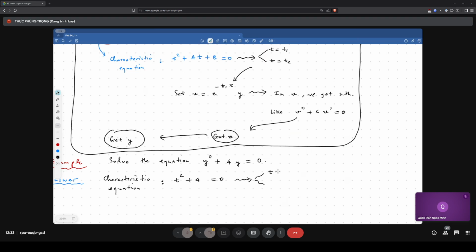Do you see that you get two roots? This time you don't get any real roots. You get two complex roots. They are 2i and negative 2i.